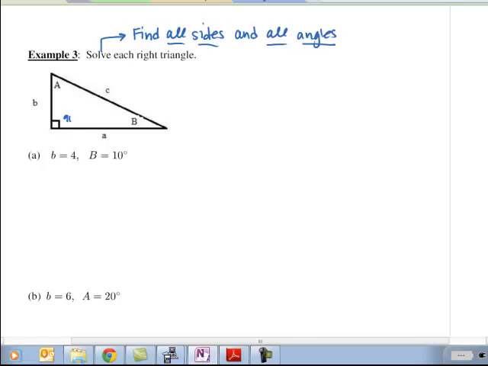This angle is 90 degrees, we know that, and so we need angle A, and if we've got two angles, we just take 180 degrees minus the sum of the other two. So that's 180 minus 100, so it looks like 80 degrees would be left for angle A. And for the sides, we know that side B is 4 units.